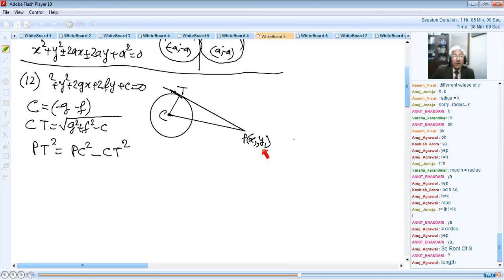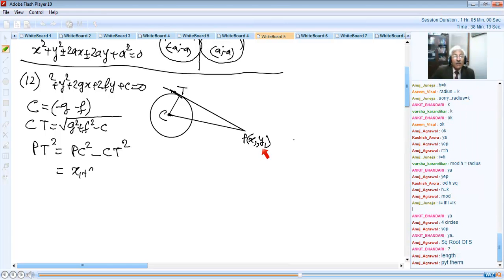That is the length of the tangent. That will be equal to (x1 + g) whole square, that is the distance, because it is minus g minus f. So whole square plus (y1 + f) whole square minus (g square plus f square minus c). It is the square root of this whole square.